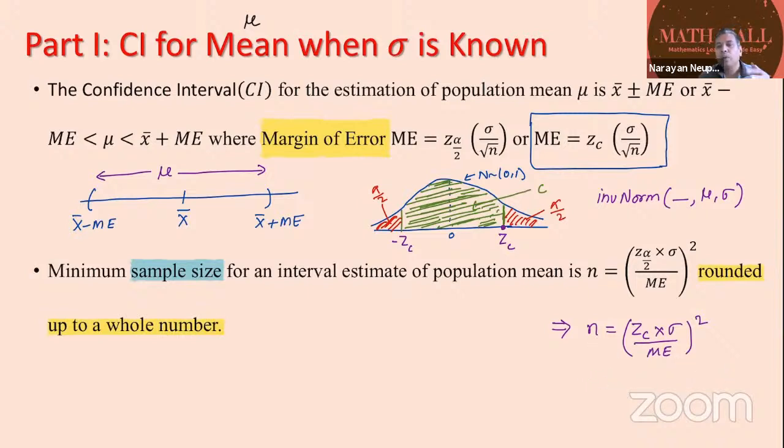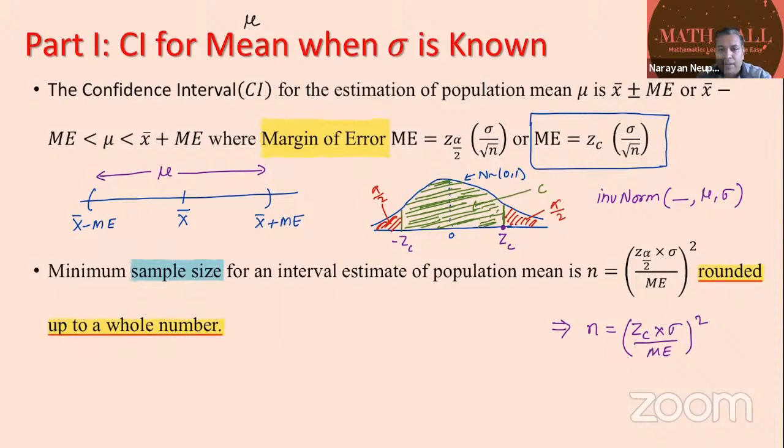This formula tells you the minimum sample size required to construct a confidence interval with a certain confidence level. Sometimes when you use this, you may get a decimal value. But remember, sample size means you are counting individuals, which cannot be a decimal, so you have to round up to a whole number.